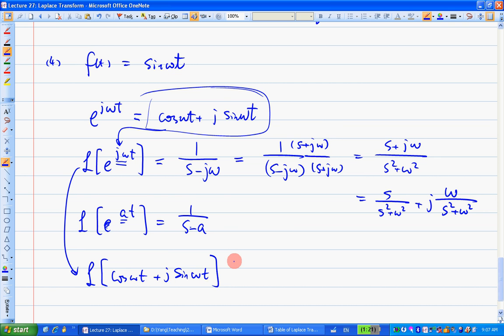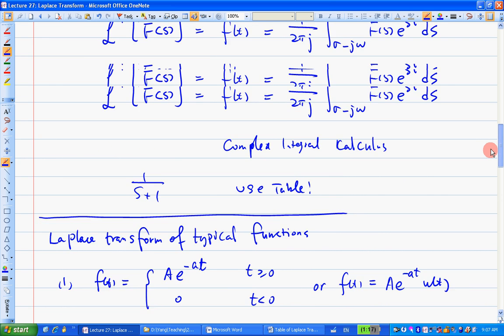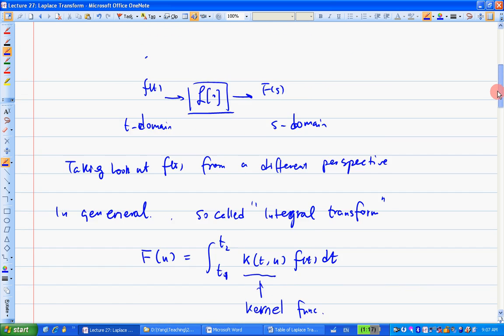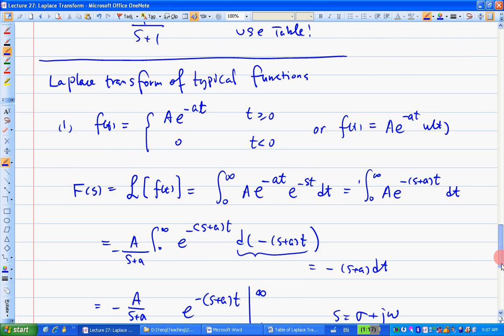So later you will see there is a property here. Basically, the Laplace operator L is a linear operator. Why is it a linear operator? Because we actually did a lot of practice. Look at the definition here: Laplace basically is an integral, right? And integral is a linear operator. So the Laplace operator is a linear operator.